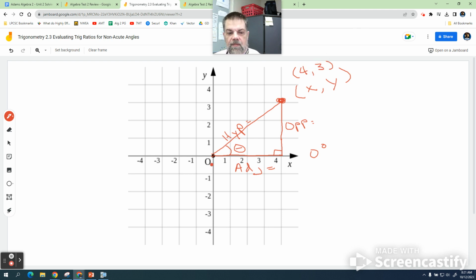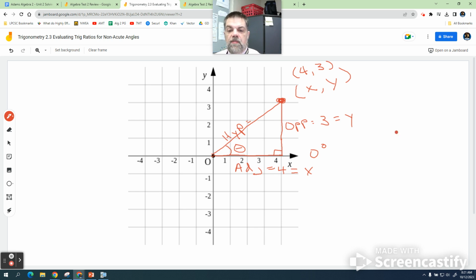That means from the origin, I went 1, 2, 3, 4, and then I went up 1, 2, 3. My opposite side length is 3, which is actually the y value. And my adjacent length is 4, which is actually my x value.